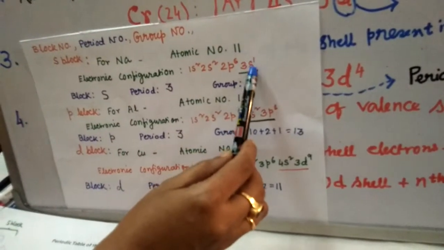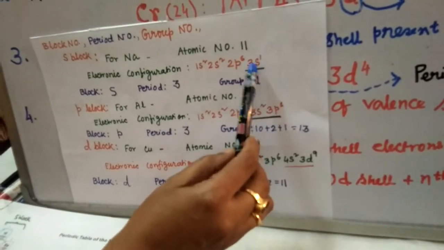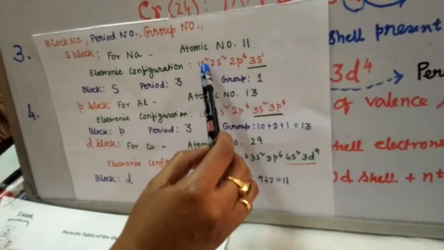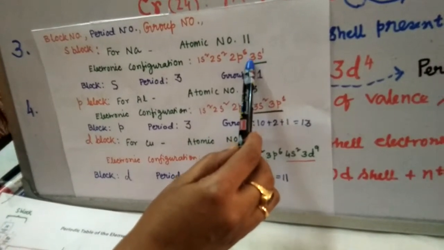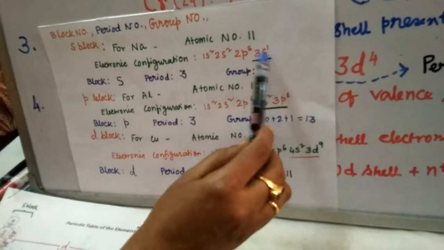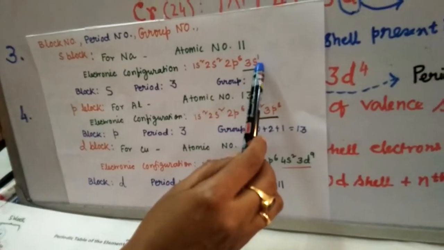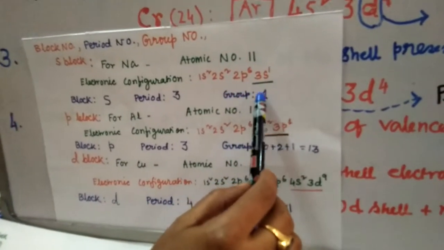So obviously sodium will be in the s block. Now what will be the period number? The highest principal quantum number present here is 3. So it will be in period 3. And what will be the group number? For an s block element, we know it is the number of valence electrons. So it is 1. So sodium will be in group 1.